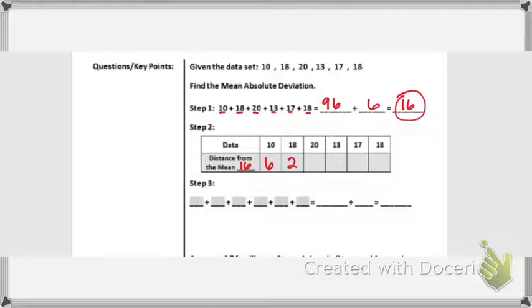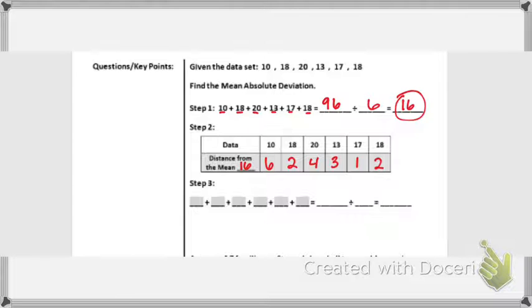It's positive, so I'm going to keep it as a positive. Then we have 20 minus 16, which is a positive 4. That's good. And then we have 13 minus 16. That gives us a negative 3, but we want it as a positive, so I'm going to put it as a positive 3. And then 17 minus 16, which is 1. And then 18 minus 16, which is 2.